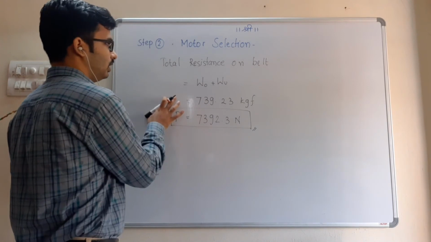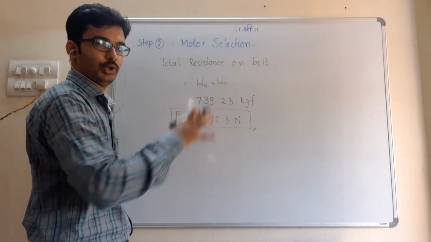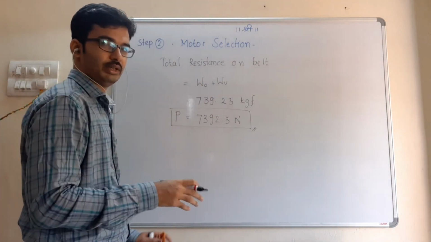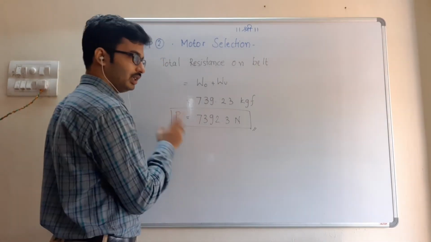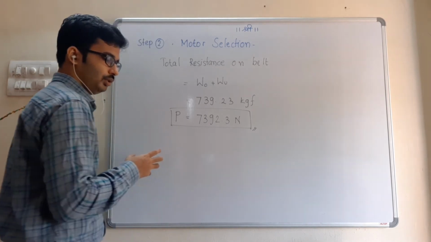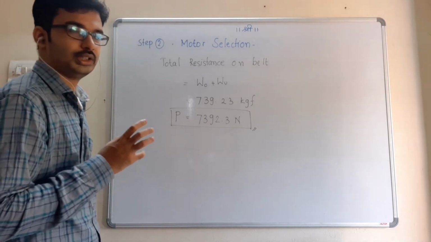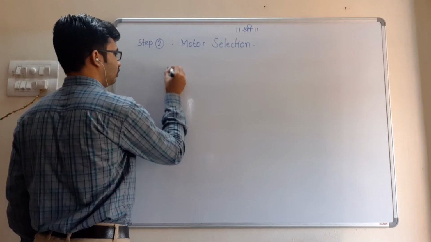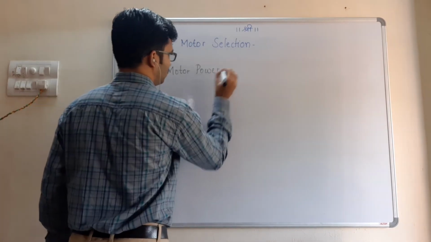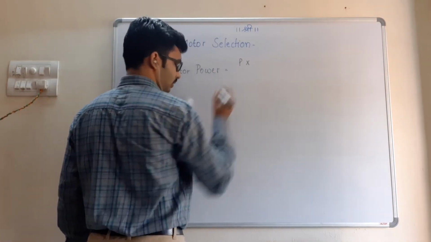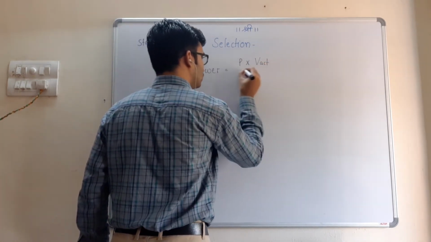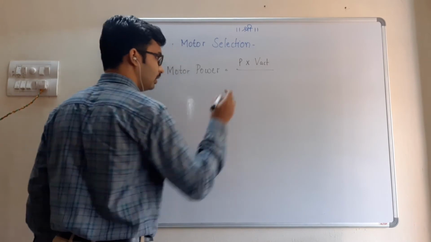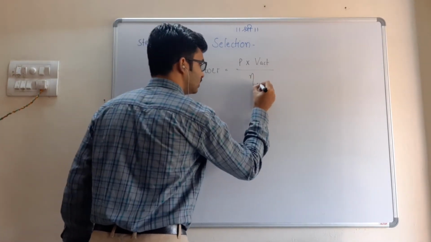Now this total resistance will decide the motor capacity to drive that belt conveyor. According to this total resistance, we have to use a formula for selection of motor. Motor power is given by total resistance into actual velocity divided by mechanical efficiency.